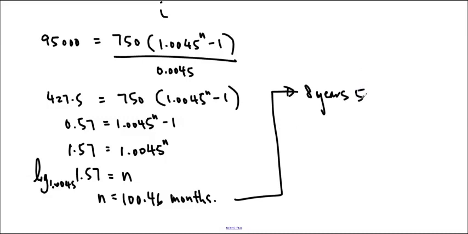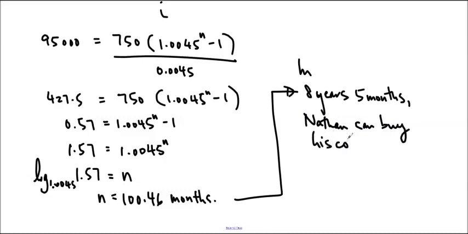We'll say 5 months, because actually we need to make the extra payment, otherwise we will be short. So in 8 years and 5 months, Nathan can buy his cottage. That's not bad. And then hopefully he'll invite you all over for a party.